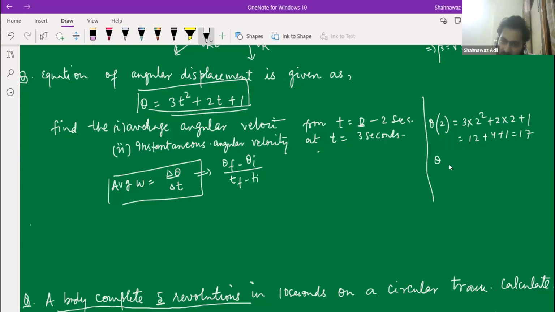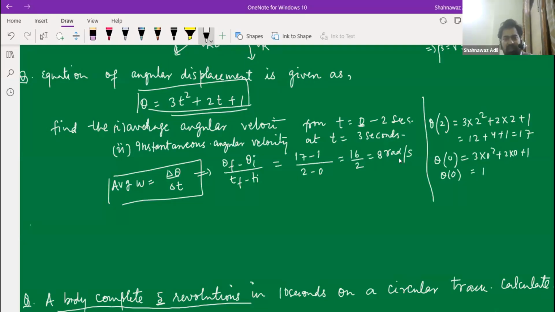And then theta initial is theta at 0 seconds. So t is 0, and then 1. So this is simply 1. So the change in angular displacement is 17 minus 1 divided by t final 2 minus 0. So this is 16 by 2, so this is 8, right? And radian per second. So that is the average angular velocity.